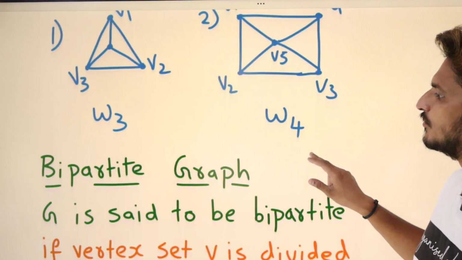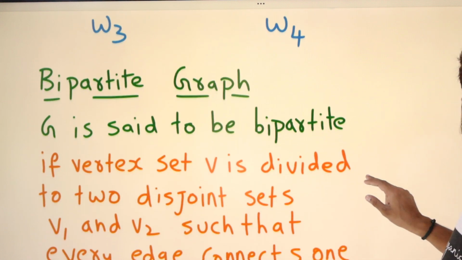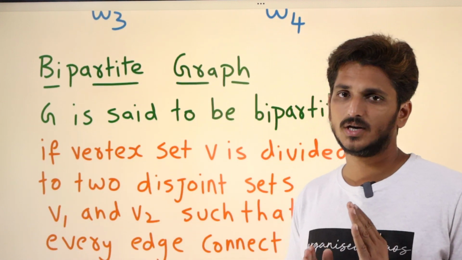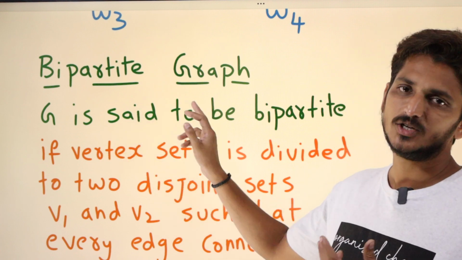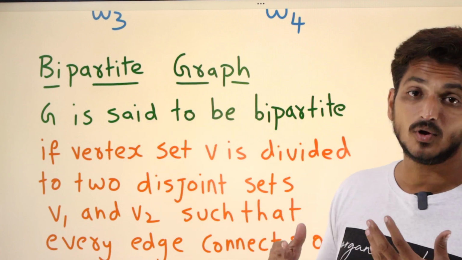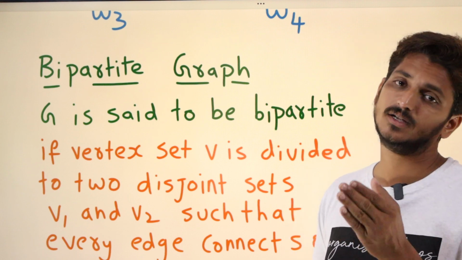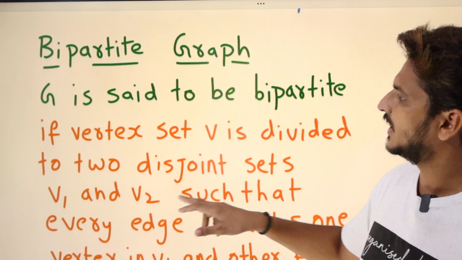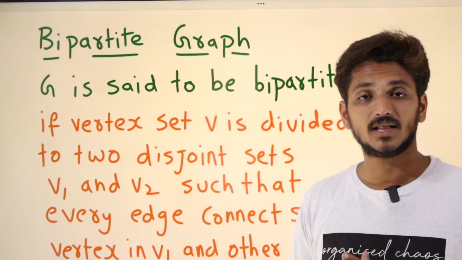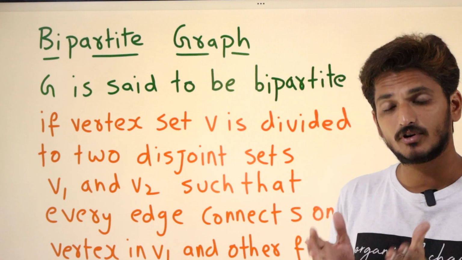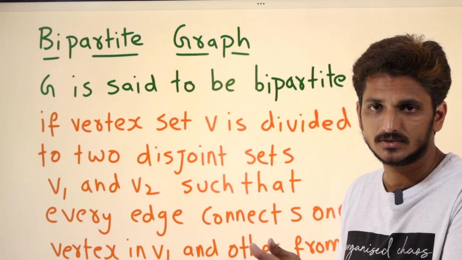Now coming to the next one, bipartite graph. This is a bit confusing to understand. G is said to be a bipartite graph when, suppose G means graph, a graph contains a set of vertices and a set of edges.